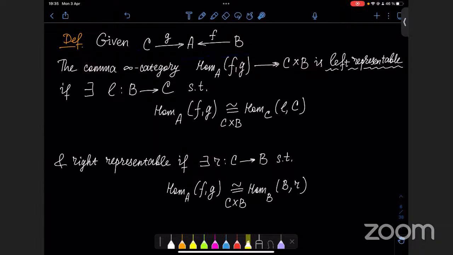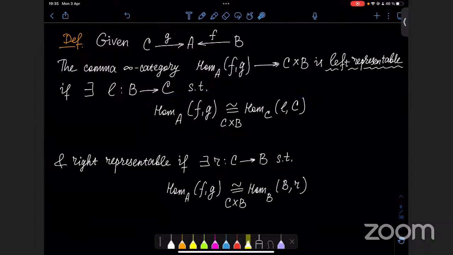Then the comma infinity category is left representable if there exists such a map L that you have this isomorphism.